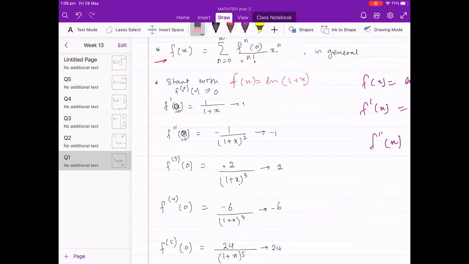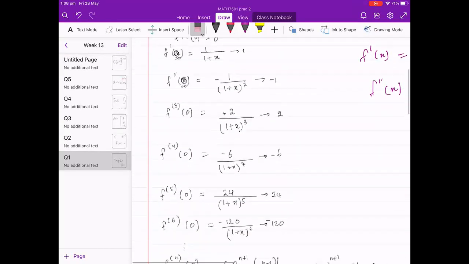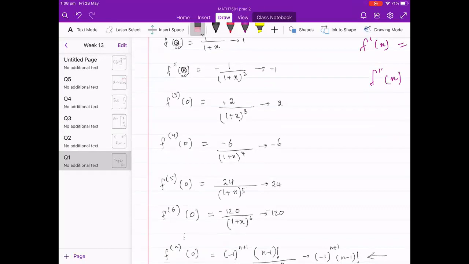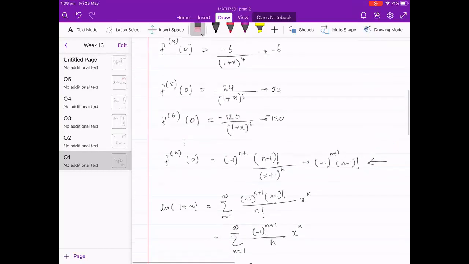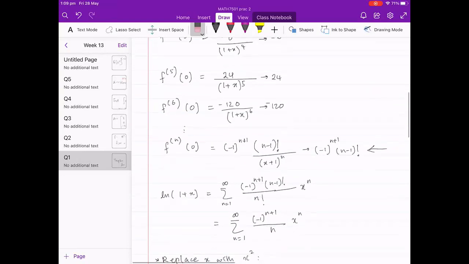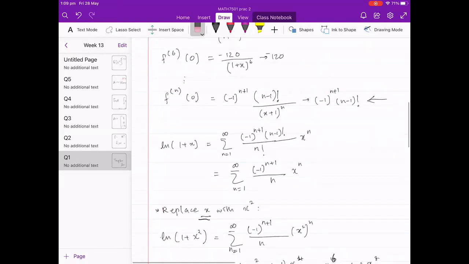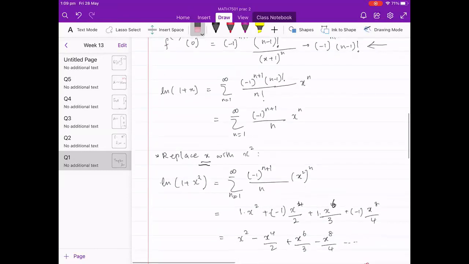Second derivative evaluated at x equals 0 is minus 1. Third derivative evaluated at x equals 0 is 2, and we go on until f^(n)(0), which is minus 1 to the power n plus 1 times (n minus 1) factorial.